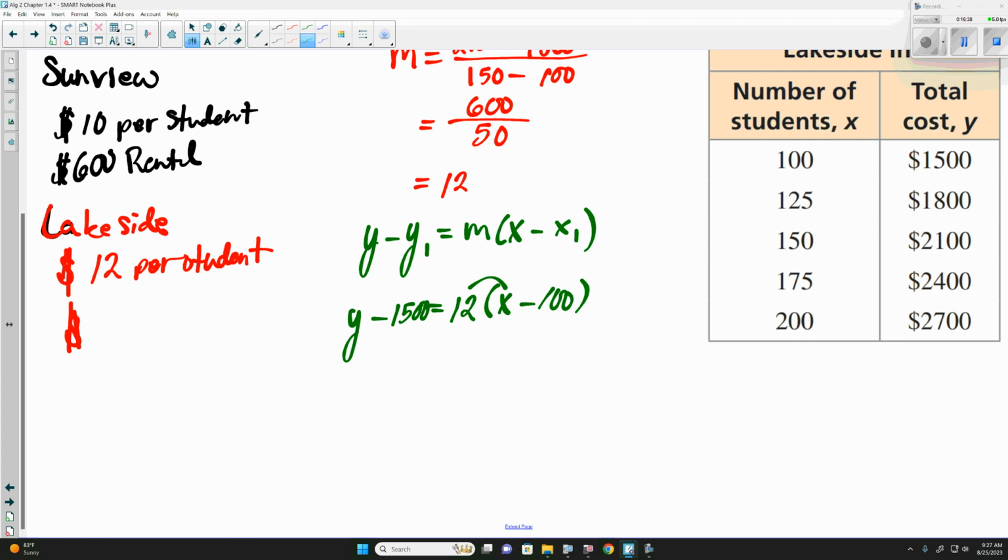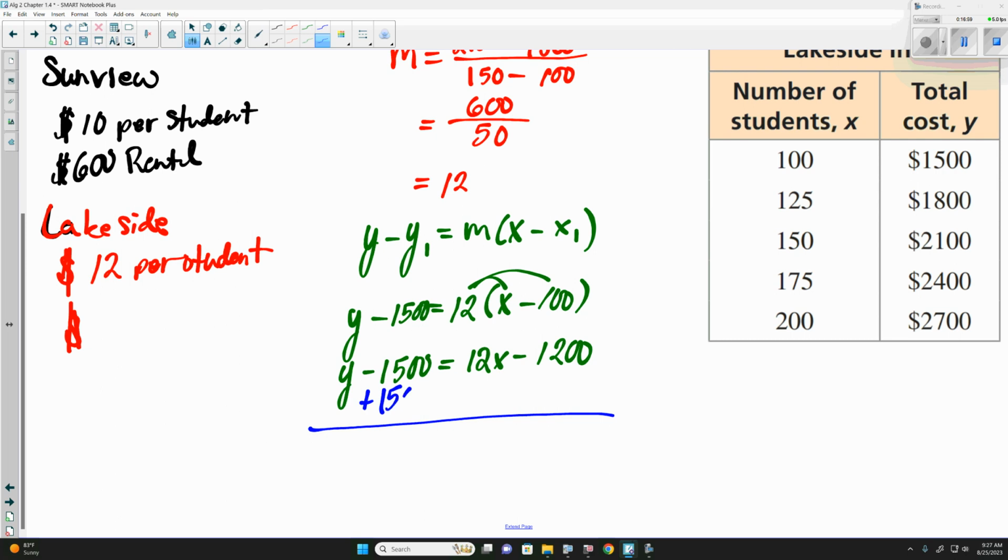So the first thing we can do is distribute 12. Y minus 1500 is equal to 12x minus 1200. And the last thing we need to do is add 1500 to both sides, because we need to get y by itself.